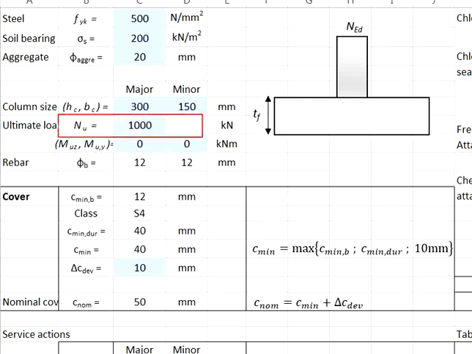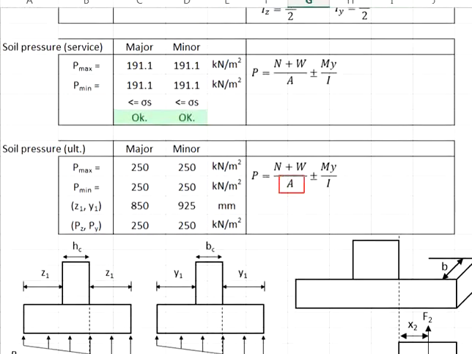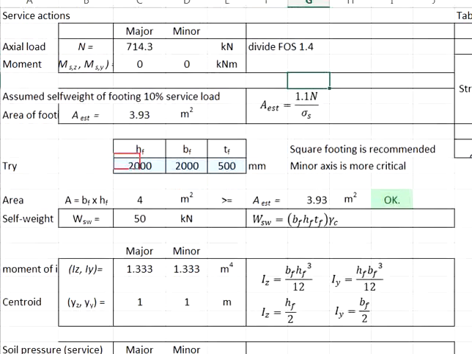The ultimate axial load is given 1000 kN plus the self-weight of the pad footing 50 kN as calculated previously, divided by the contact surface area of the pad footing, which is calculated by multiplying the H and the B of the pad footing, which is 4 meters square.